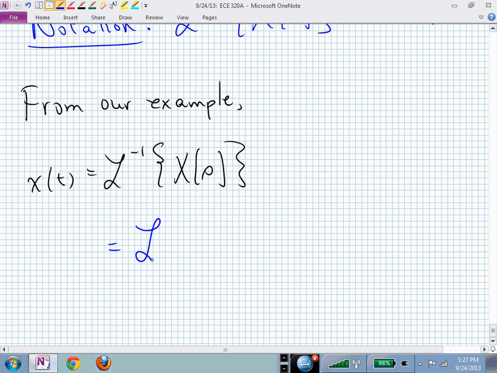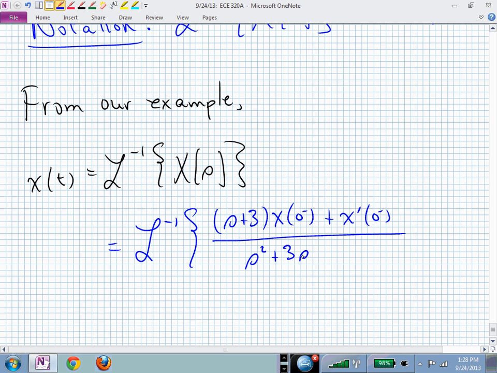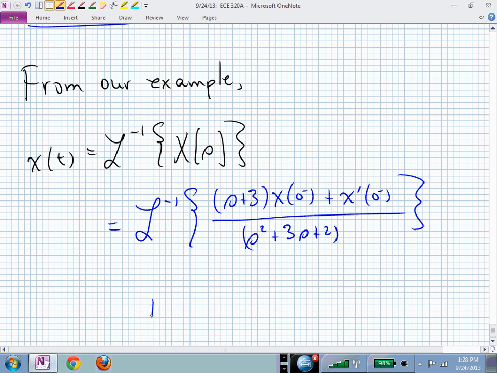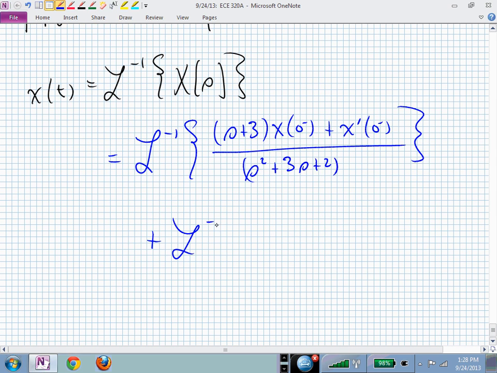We now have this inverse Laplace transform of the part involving the initial conditions and a piece that was involving the original excitation waveform, this little v of t, maybe our voltage source. That was this 1 over s squared plus 3s plus 2 scaling V of s.